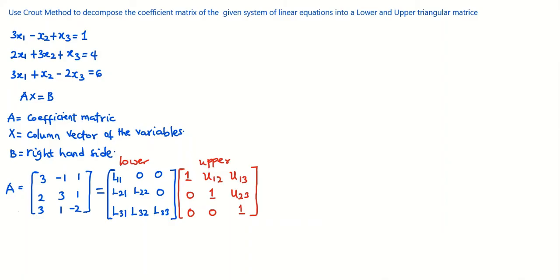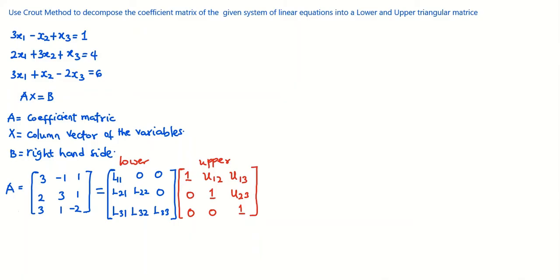One thing about the Crout method is that for the upper triangular matrix, you are going to make the diagonals unity. So every value in the diagonal will be a unity. We have one here, one here, and one here. That's what the Crout method is about.